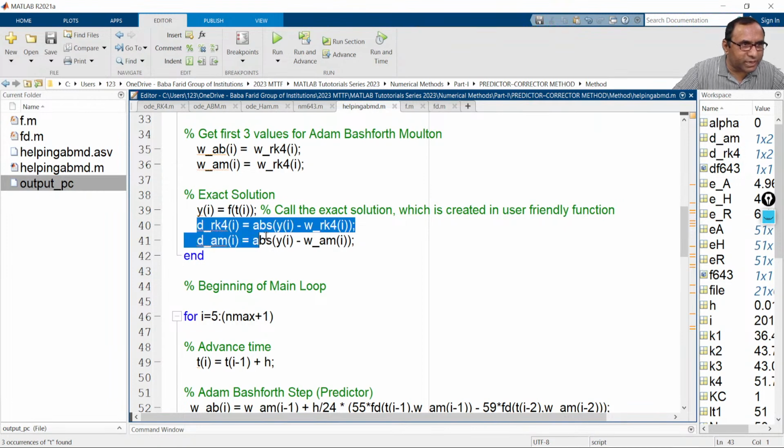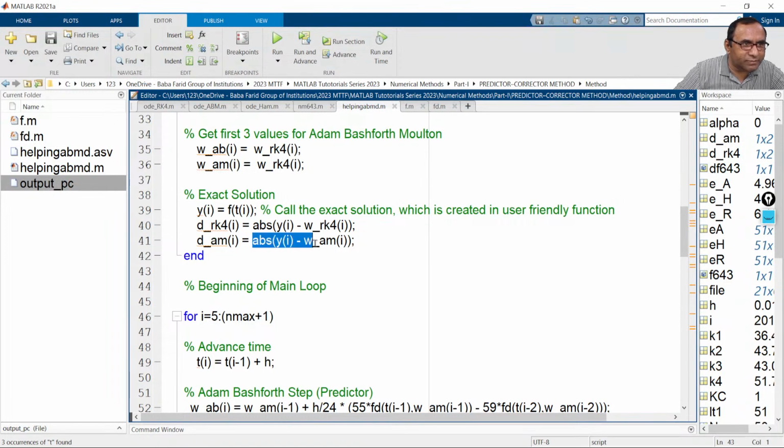Now this is the difference between the exact solution and the solution by using Runge-Kutta fourth order. This is the absolute value of y_i and RK, and we are denoting it by difference of RK4.